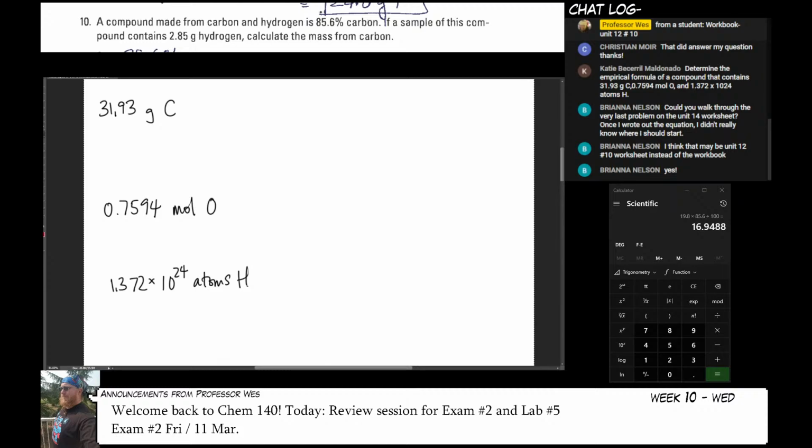All right, so what we need to do here, remember, empirical formula, you got to turn everything into moles, right? So let's just do that first. So grams to moles. If you had Samita for Chem 140, she fills her exams with these things, and I can't be bothered.